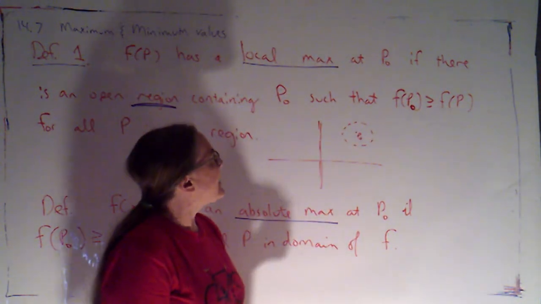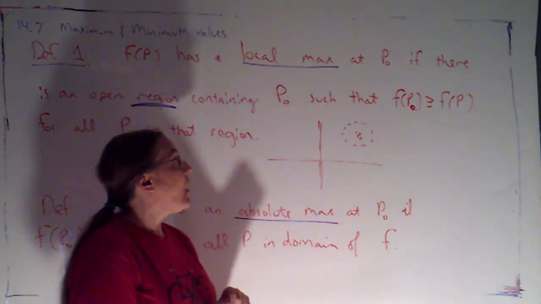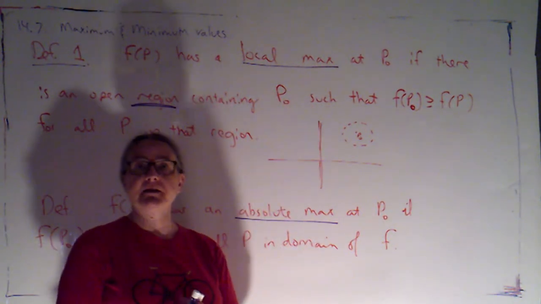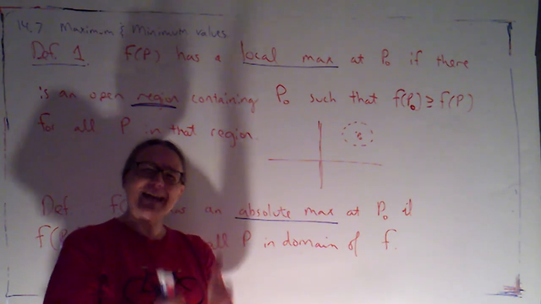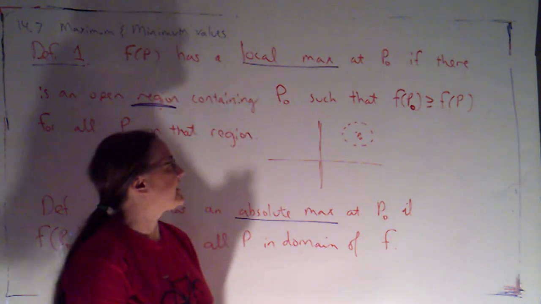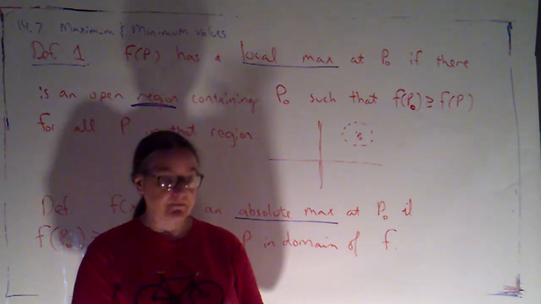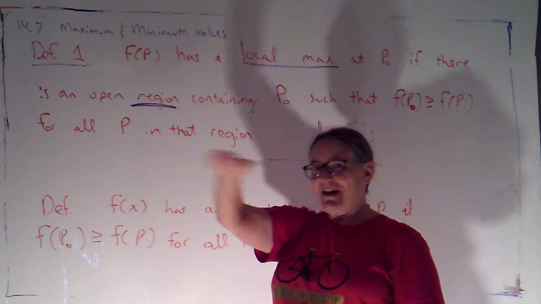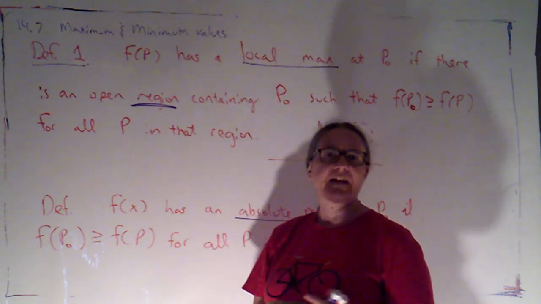So that's our definition, and I just wanted to point out the two technicalities. One is that p naught does have to be an interior point in the domain, meaning that if the domain has a boundary, this does not apply to points that are on that boundary. And the second is just that this is an inclusive inequality, so that if you have a plateau, where you've got a whole bunch of points all at the same height, that still counts.